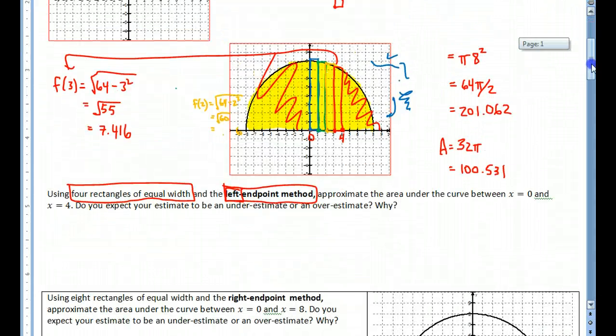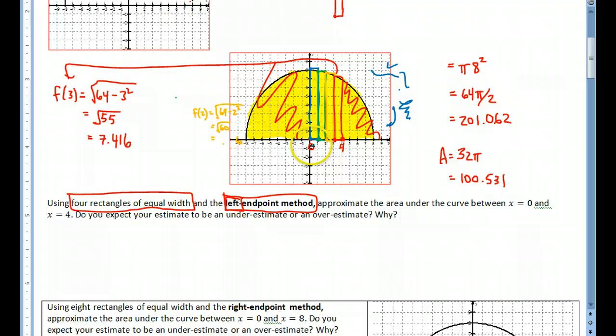I would have to add up the areas. What is the base or the length of each of the rectangles? 1. They're all base 1. So the areas are just going to be, add them all up.